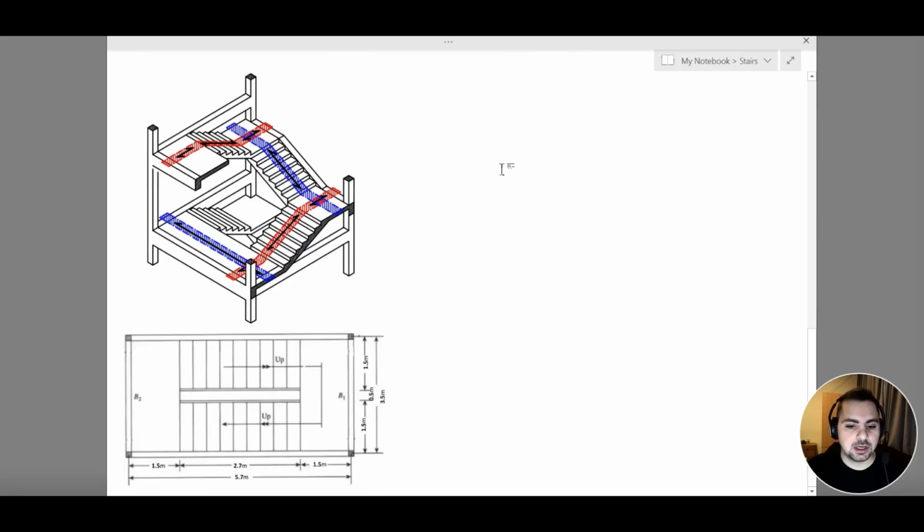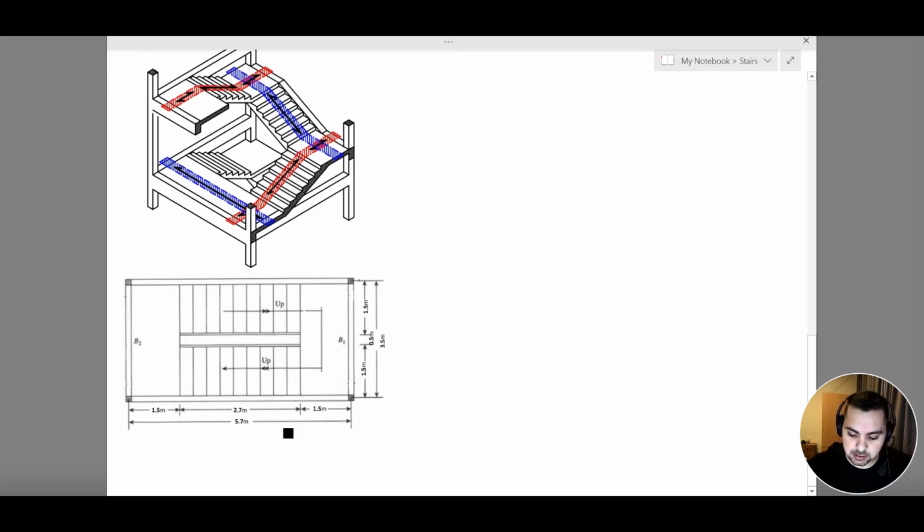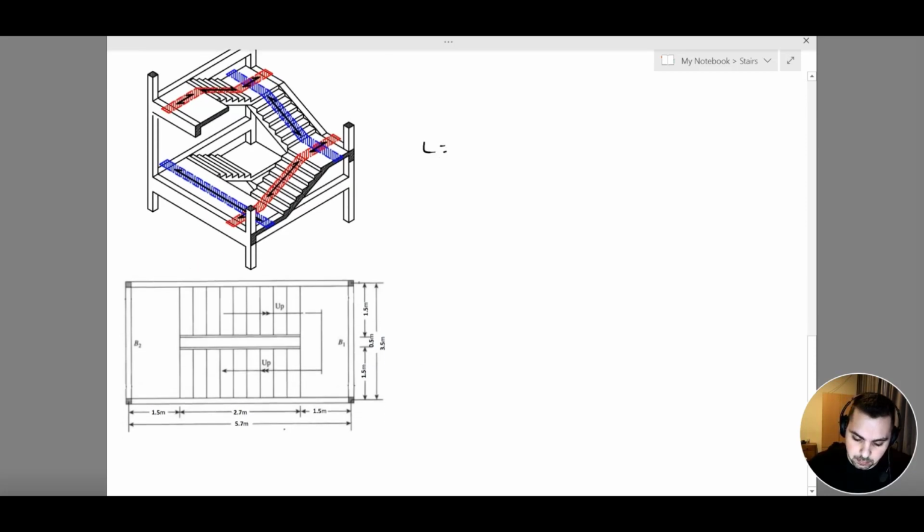So if we go to this image, this represents our example that we are going to take into consideration for our two-flight staircase. The L here is going to be 1.5 times 2, plus 2.7 over cosine alpha.